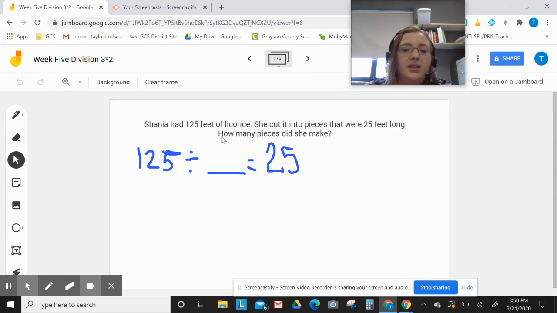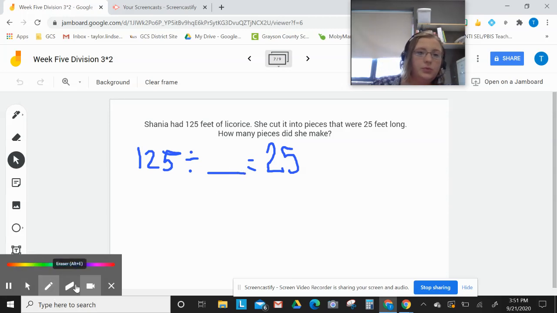So if you said you are doing repeated subtraction, you are correct, because we are trying to figure out how many groups.